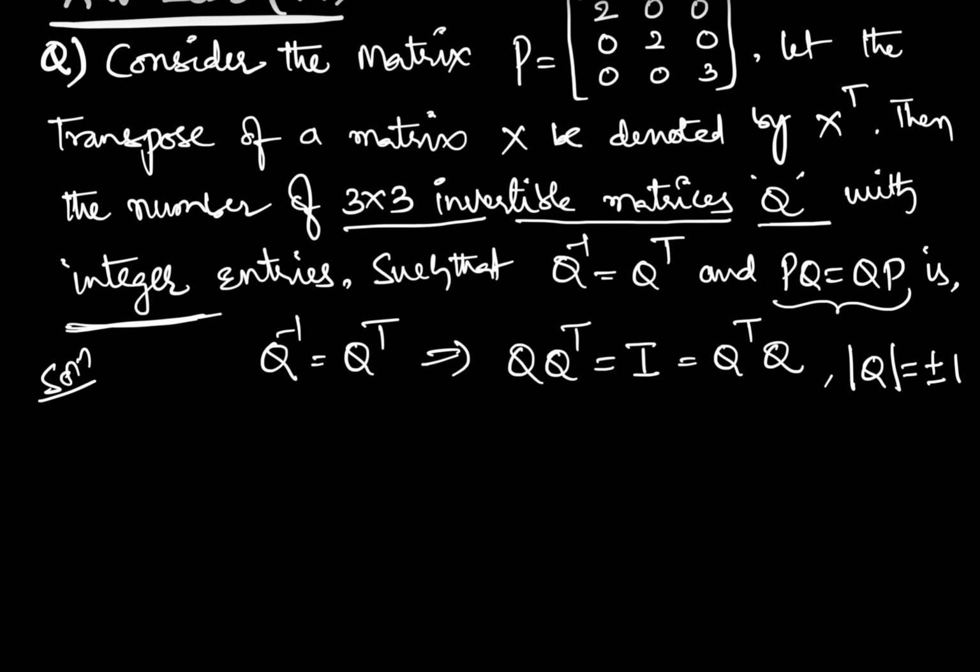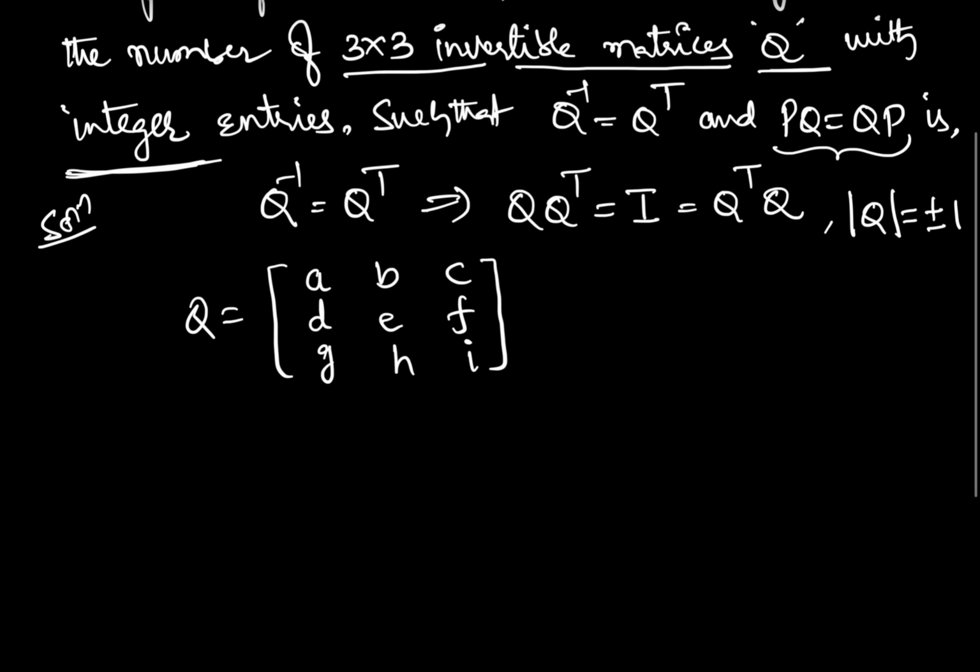So I just consider Q is a matrix A, B, C, D, E, F, G, H, I. It's a 3 by 3 matrix.